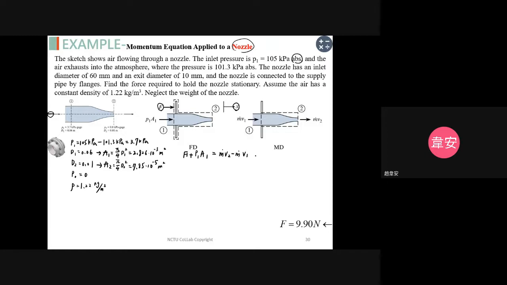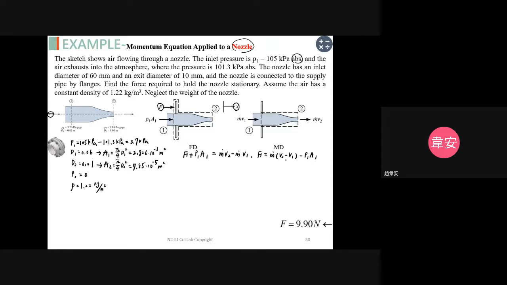So how large is F? F is equal to m-dot times (V2 minus V1) minus P1 A1.